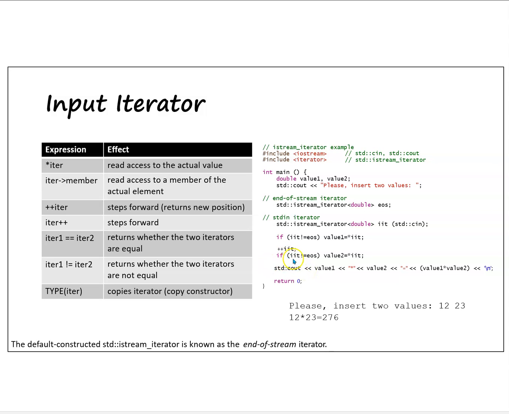And we're going to go to the next one and similarly grab value 2. Now, what we do here, we count value 1 and value 2, value 1 times value 2, and basically it will step along and receive the information.